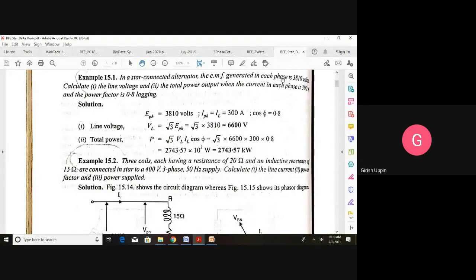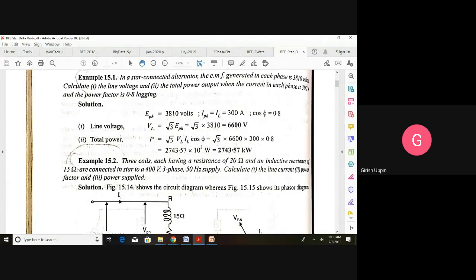The EMF generated in each phase, so what value are they giving? Each phase means this is a phase voltage. 3810 volts is a phase voltage, and it is star connected. What we have to find is the line voltage and total power output when the current in each phase is 300 amperes, and power factor cos phi is given 0.8. Now write all the given values.